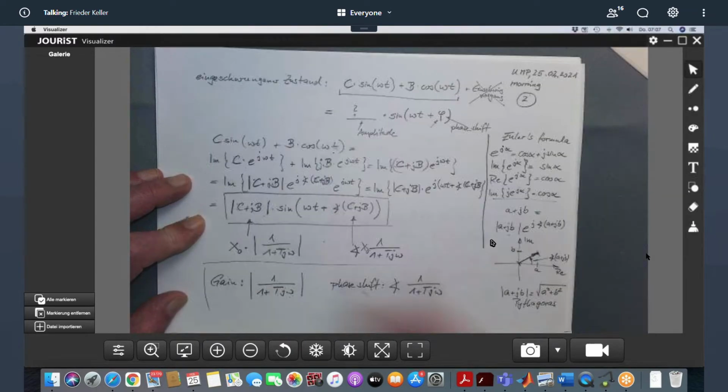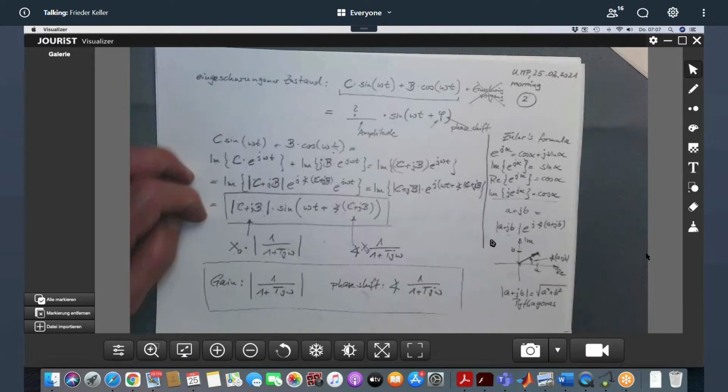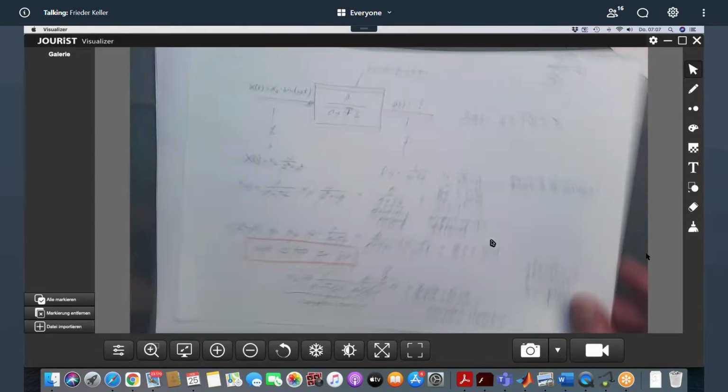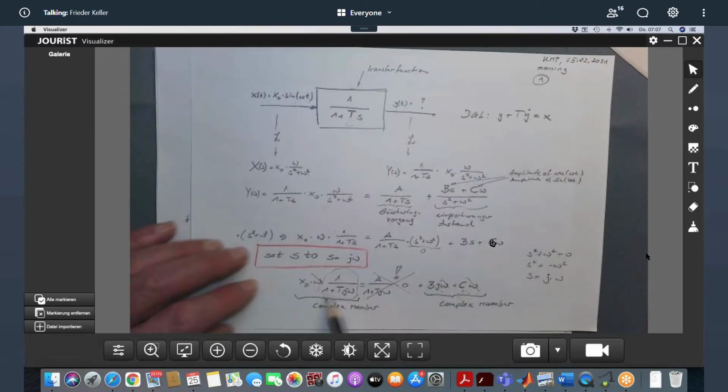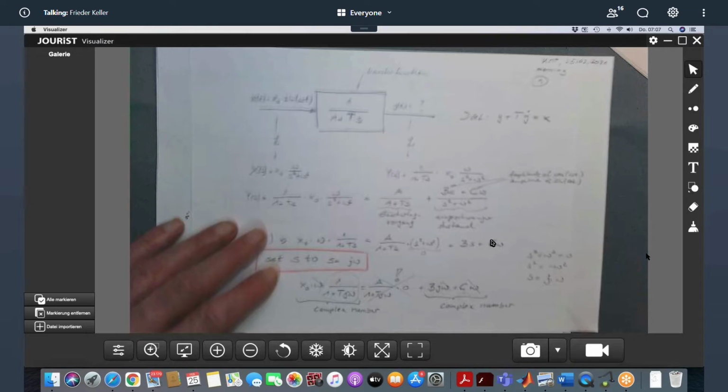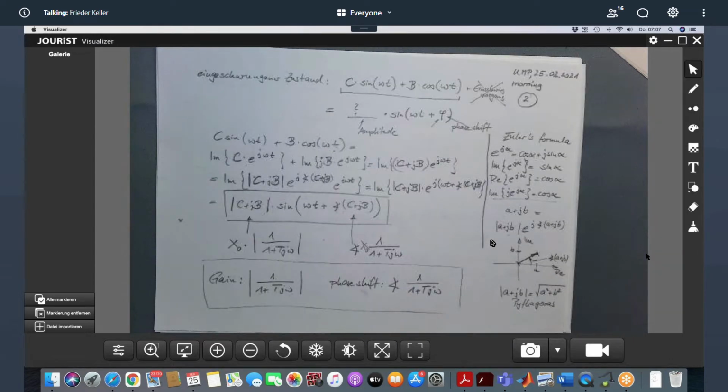From this transfer function, 1 divided by 1 plus T j omega, you can obtain two pieces of information, because that is a complex number, and a complex number carries two pieces of information inside.